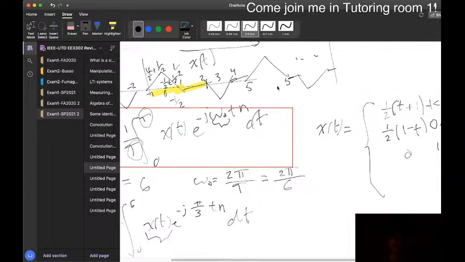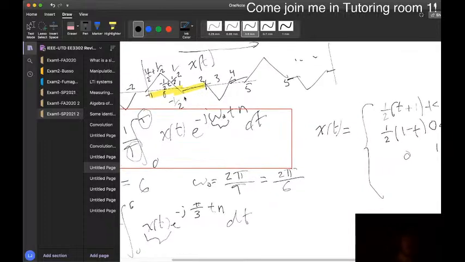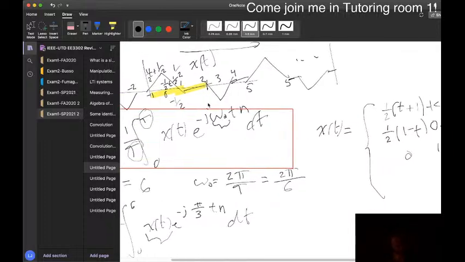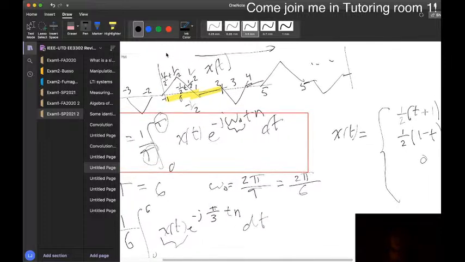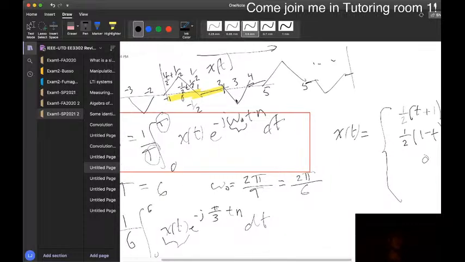And now I'm trying to get the behavior for this region, from 2 to 3. I'm just trying to figure out what the line is here. So this has a slope of 1/2, and then this will go up to 1.